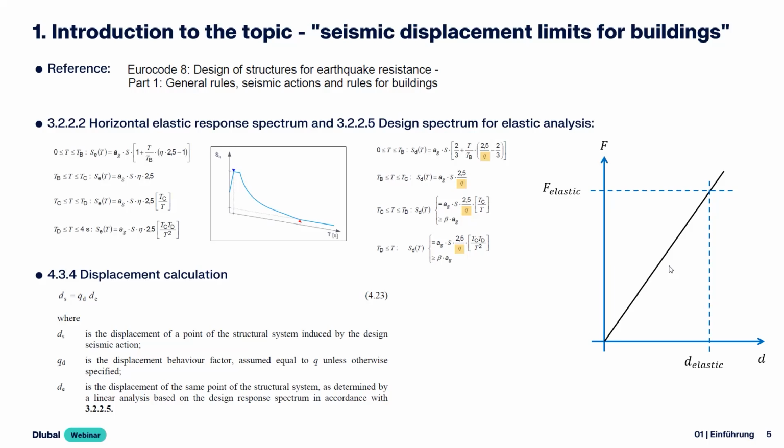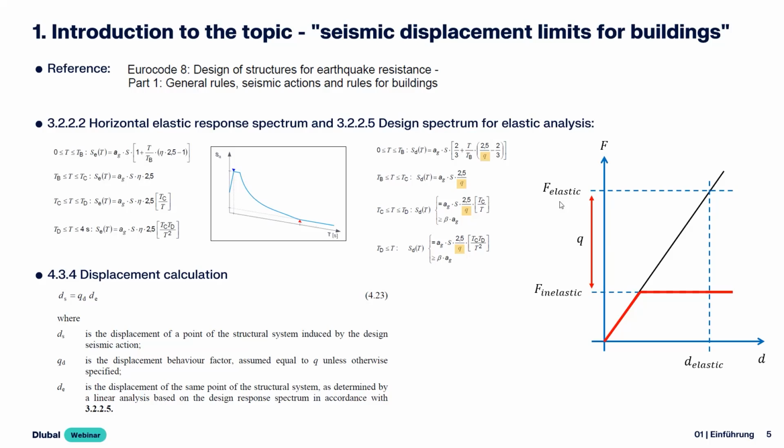And of course, we know that at a certain point we will have inelastic response in our building. So this inelastic response can be described by a model, in this case a bilinear plastic model, or whatever we have here as a model, but we have some inelastic action.